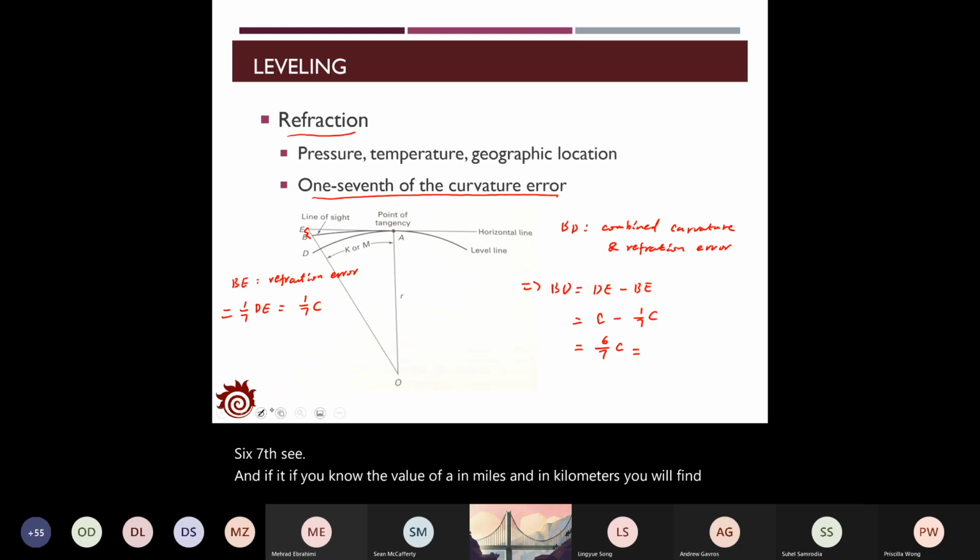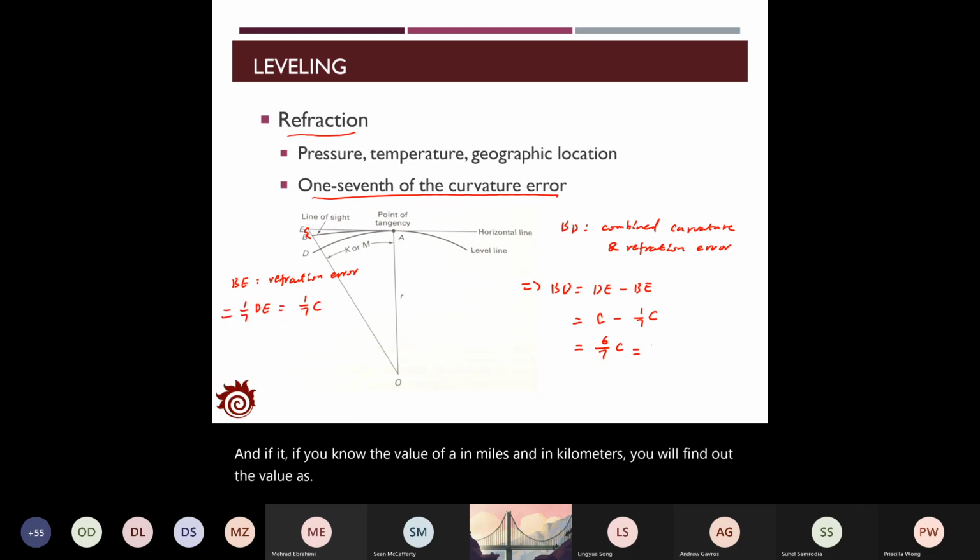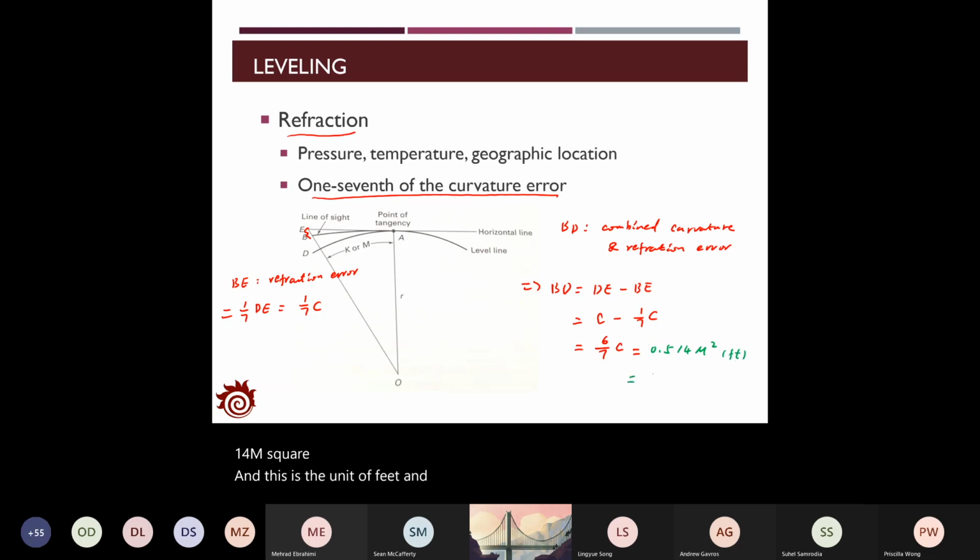And if we know the value of AE in miles and in kilometers, you will find the value as 0.514 m square, and this is in the unit of feet, and it also equals 0.0675 k square. This is in the unit of meters.